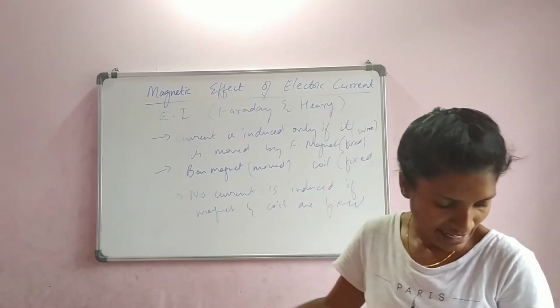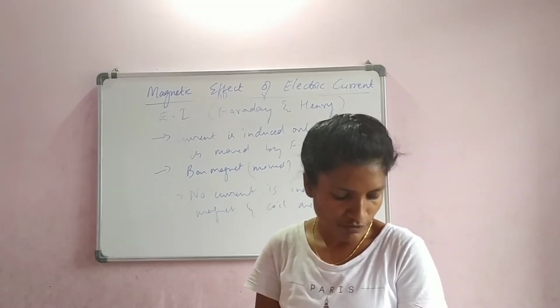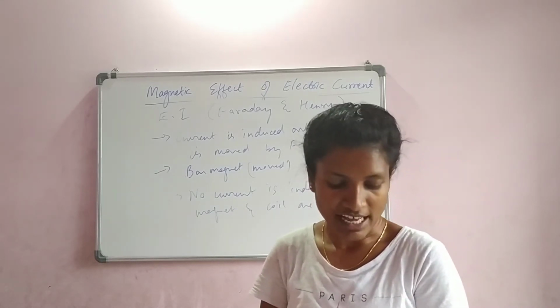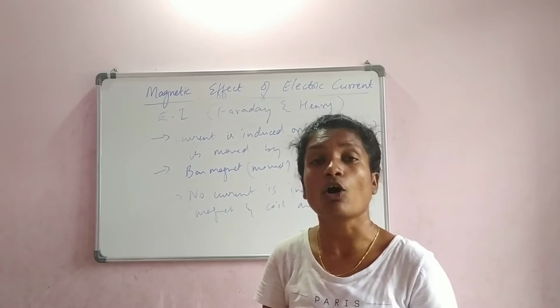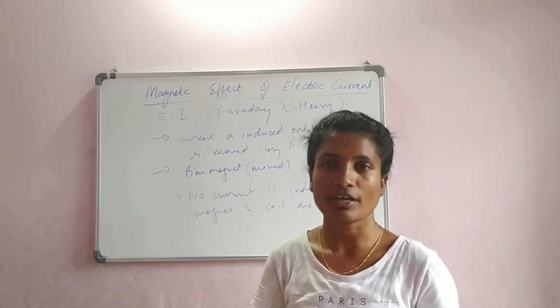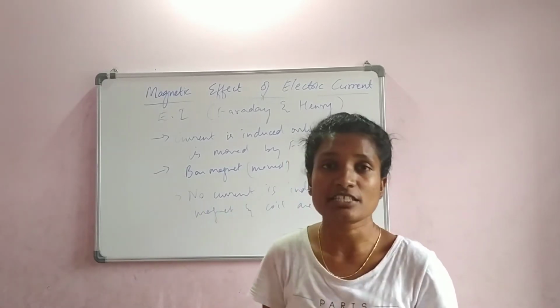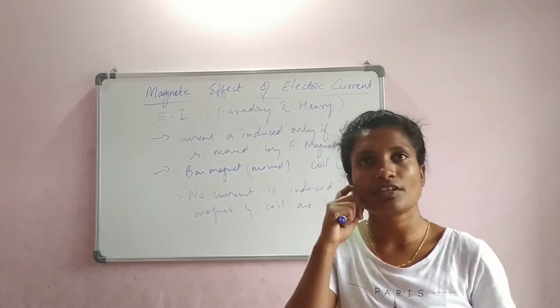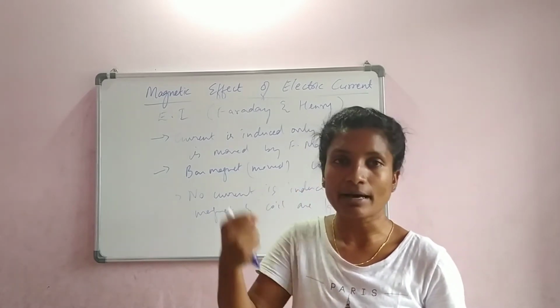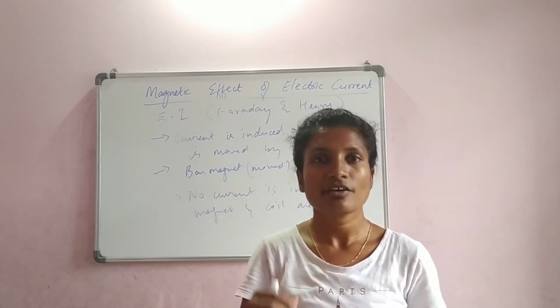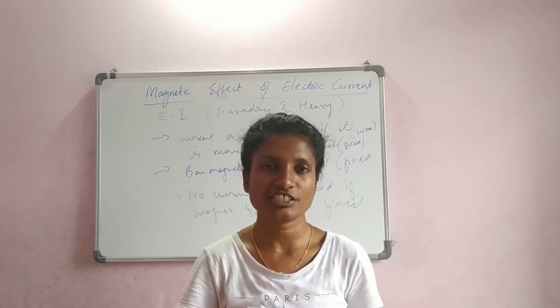Then when the direction of motion of the coil is reversed, the direction of current induced in the coil also gets reversed. In the first experiment I showed you, if the wire was pulled up, the direction changed from B to A. The wire was pulled down, the direction changed from A to B.